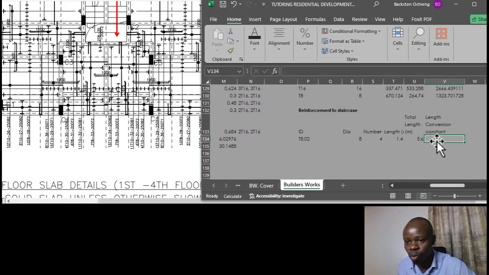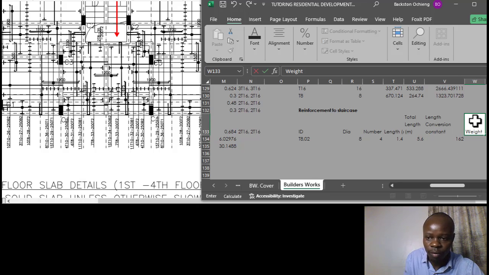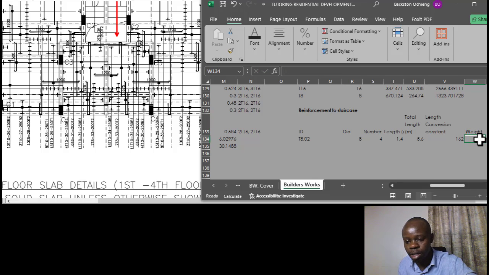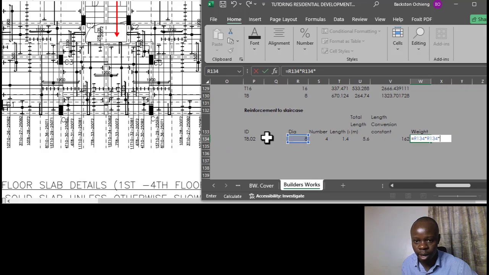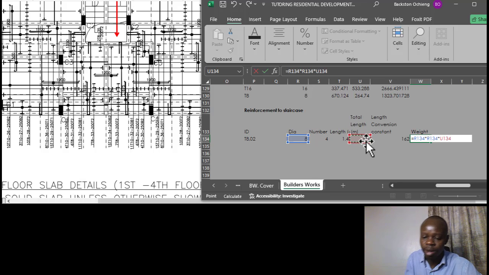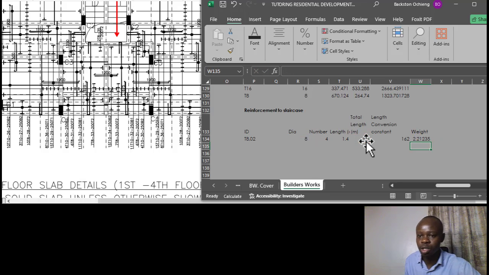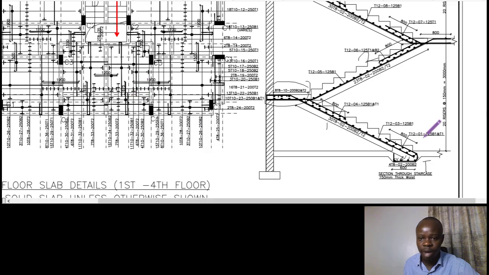The length conversion constant is 162, that is the constant, and therefore the weight of the bars in kgs is equal to diameter squared times the total length divided by 162. That is how to find the kgs for reinforcement bars. Alright, so we've done for 02.